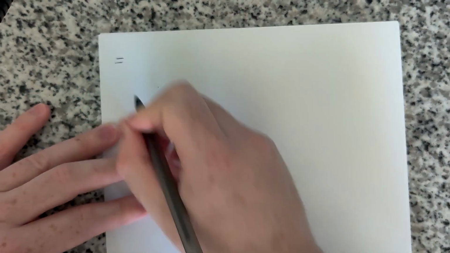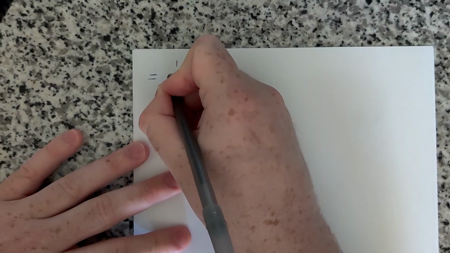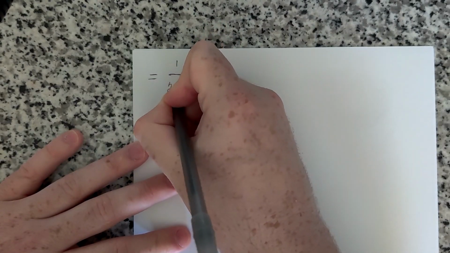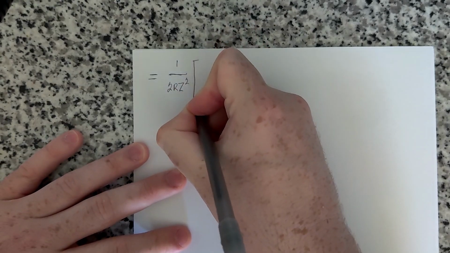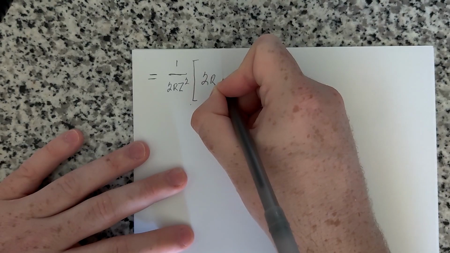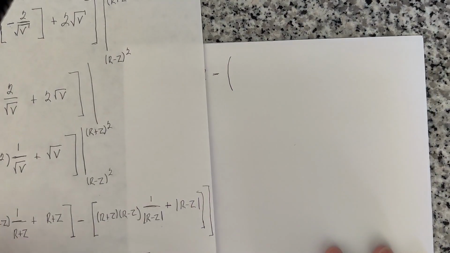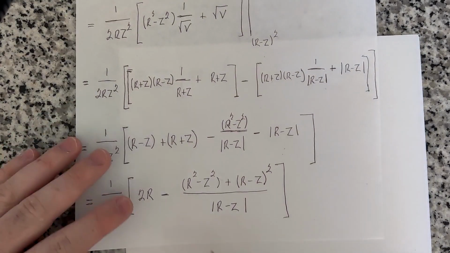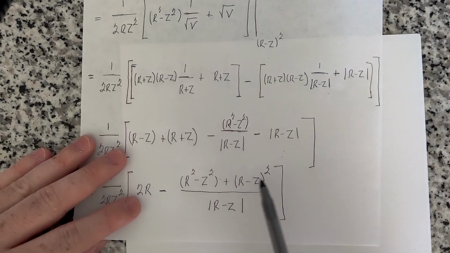So let's go ahead and expand that numerator term that we had. 1 over 2rz squared. So we have 2r minus. So here we're going to have r squared minus z squared plus r squared plus z squared minus 2rz on top.